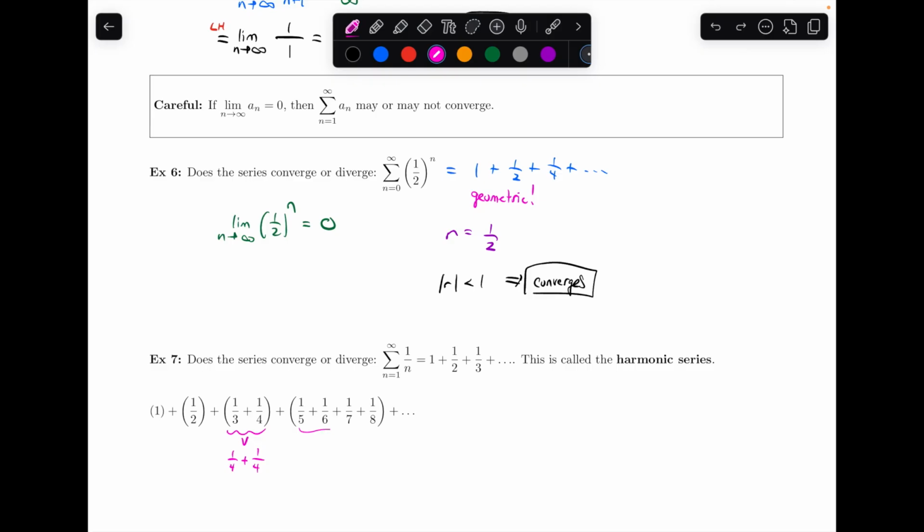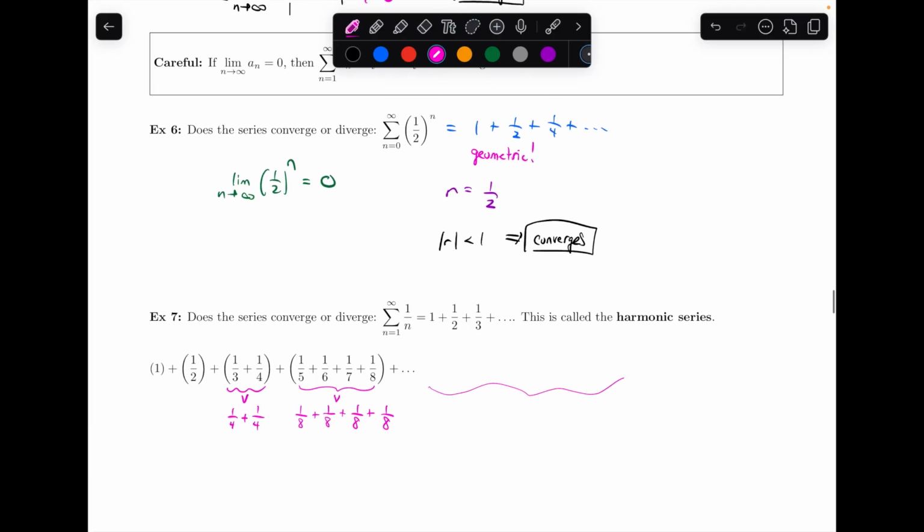I'm going to do the same thing over here. I'm going to replace the 1/5 with 1/8, which is smaller, and 1/6 with 1/8, and 1/7 with 1/8, and keep that last 1/8 as it is. This new sum is smaller than the original one because I've made 3 of these fractions smaller. And I would keep doing the same thing with all of these subsequent groups.